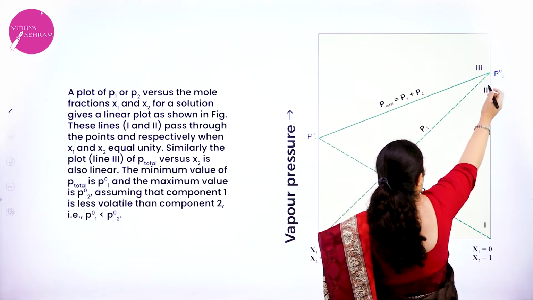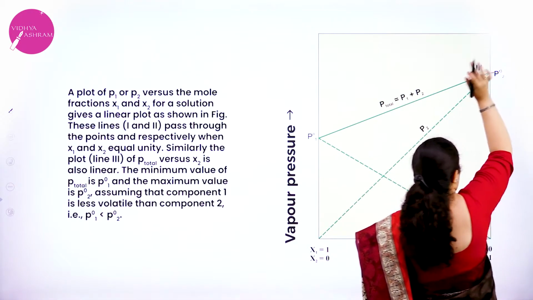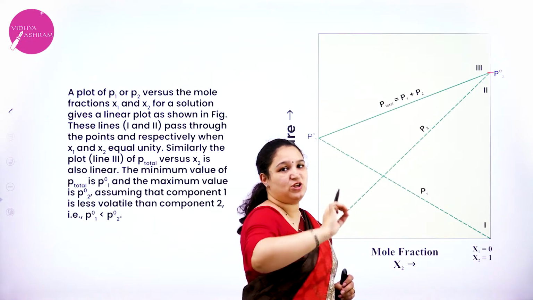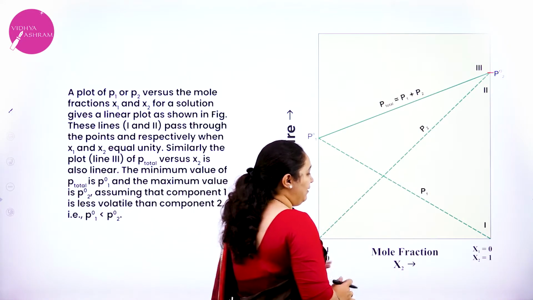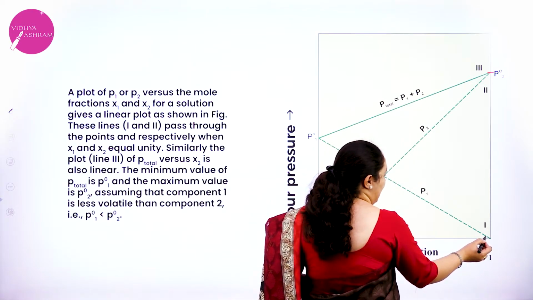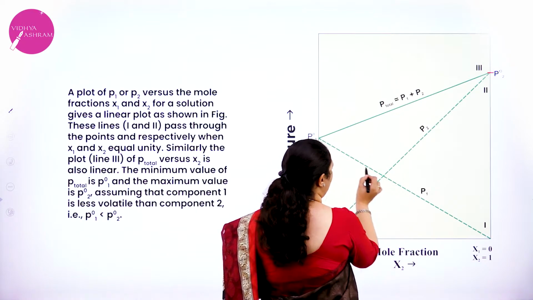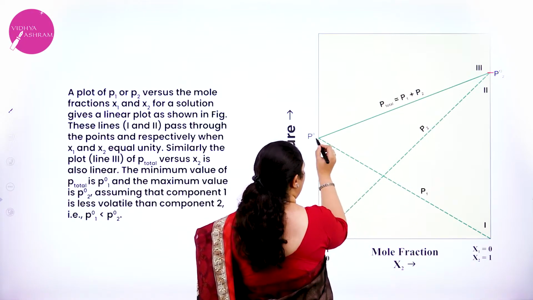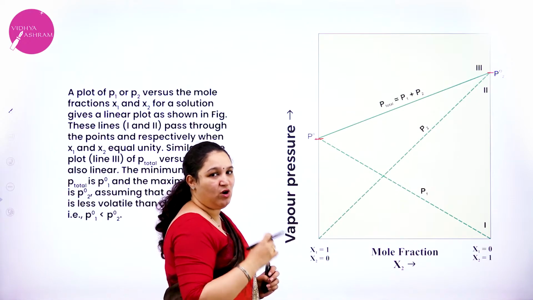At one point it reaches where x2 is equal to 1, and it is only P2 naught, that is the partial pressure of the pure component 2. In the same way, as the x1 mole fraction goes on increasing to 1, P1 also goes on increasing, and I will get a straight line. At this point we call it P1 naught, that is the pressure of the pure component 1.